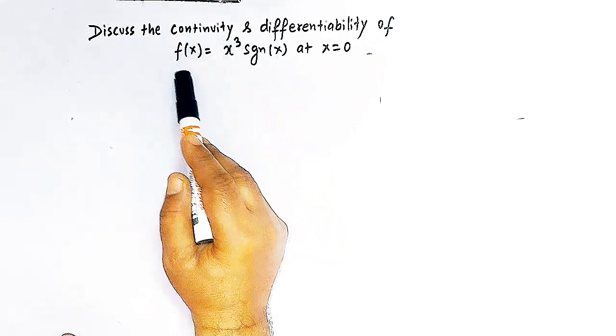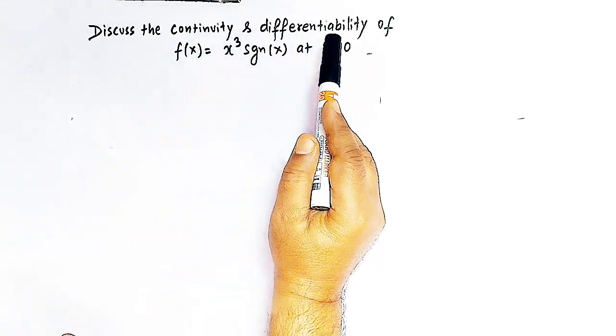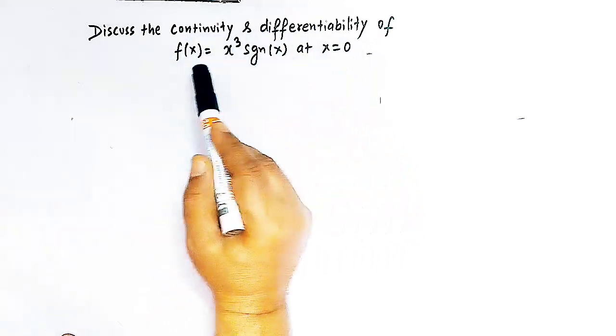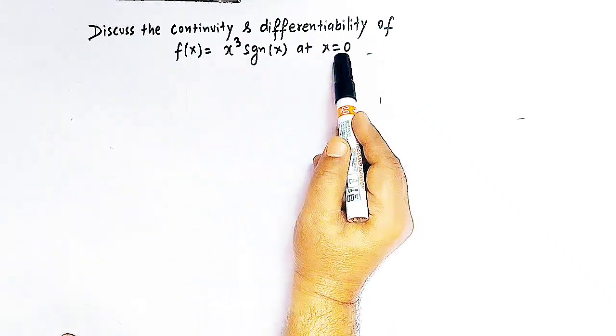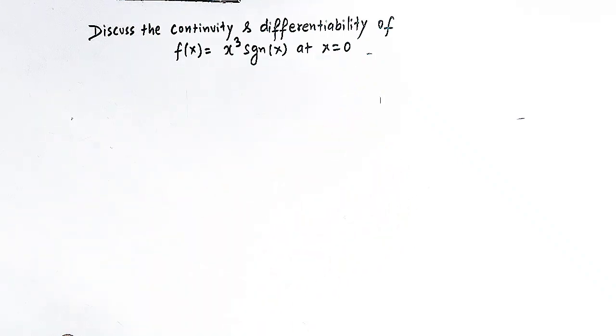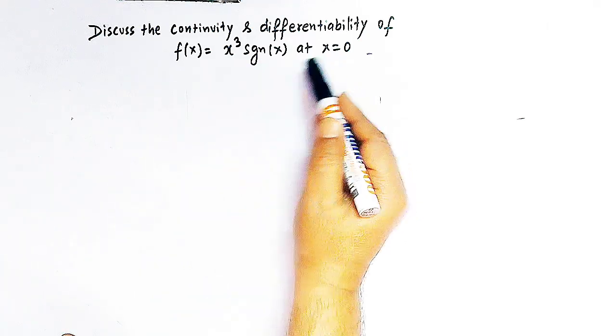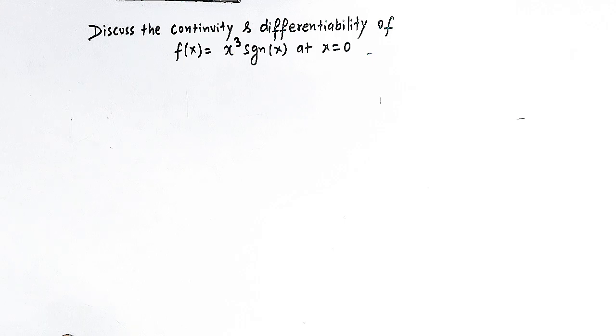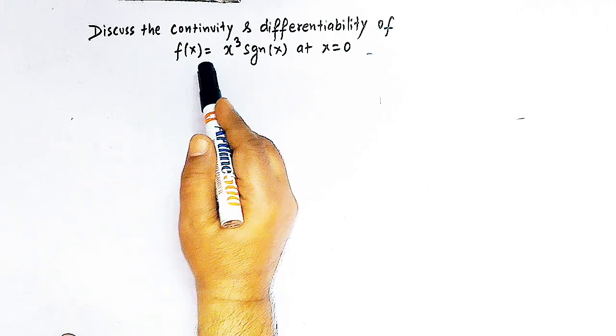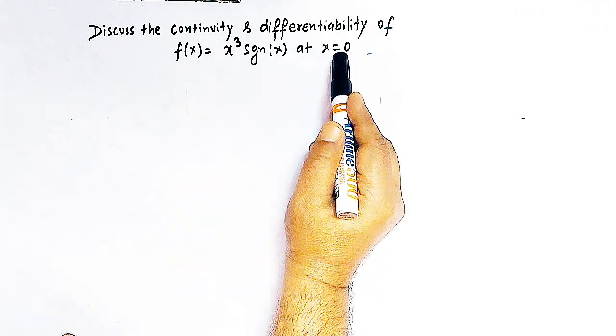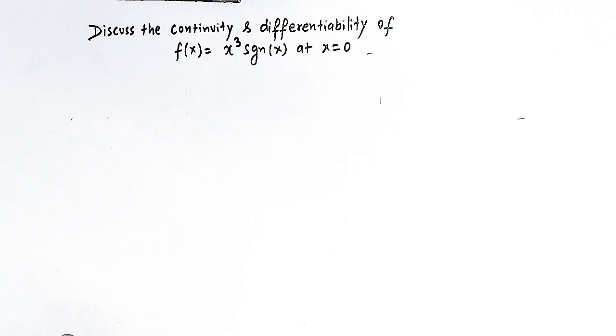And we have to discuss the continuity and differentiability of this function at this point x is equal to 0, right? So let us first see the continuity of this function at this point, and then we'll see whether this function is derivable at x is equal to 0 or not.